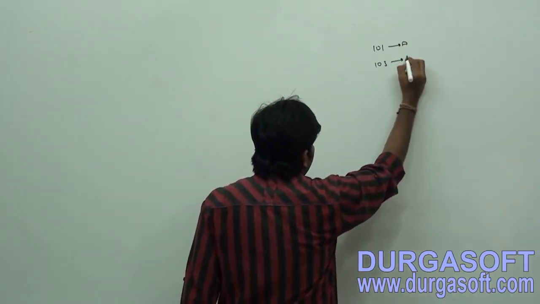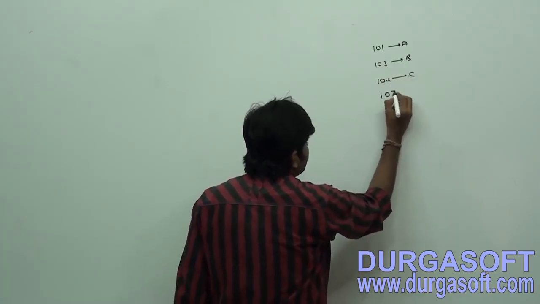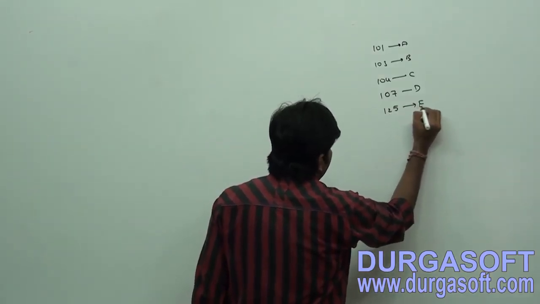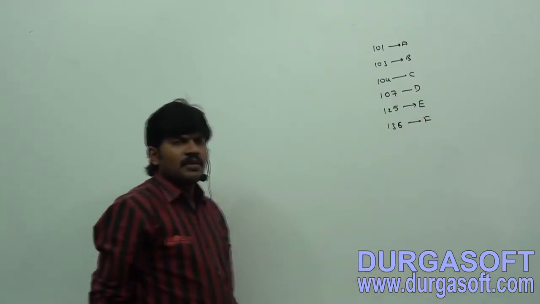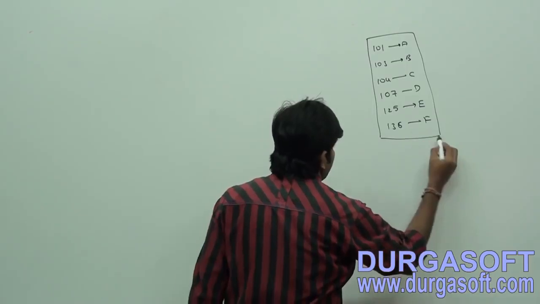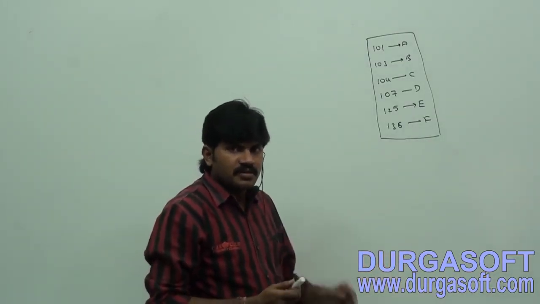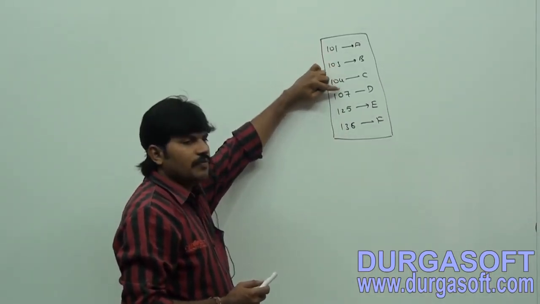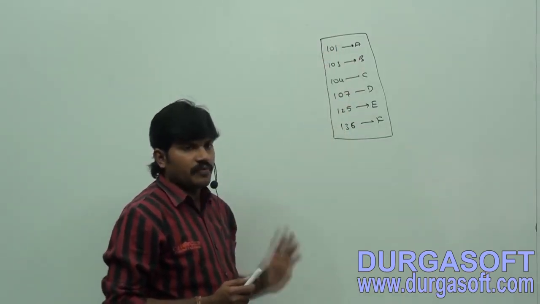Next 103 B, 104 C, 107 is some D, 125 is the E, 136 is the F. Can I use the term, is it a sorted map or not? Yes. All entries are inserted based on sorting order of keys: 101, 103, 104, 107, 125, 136.